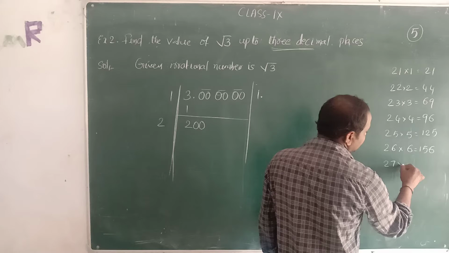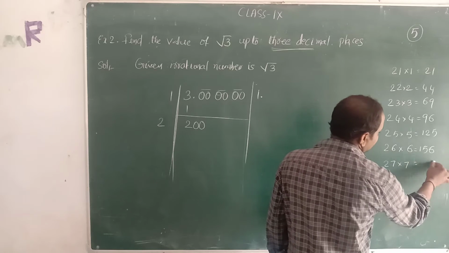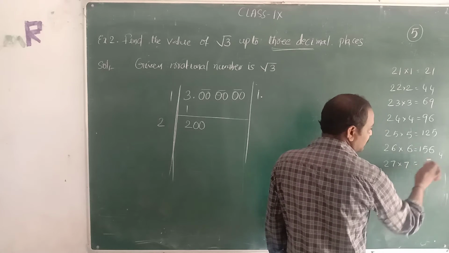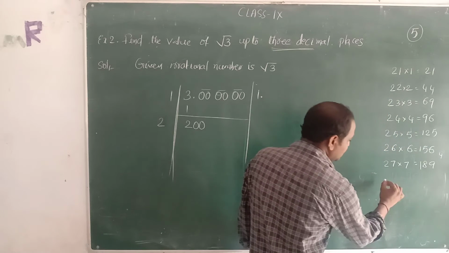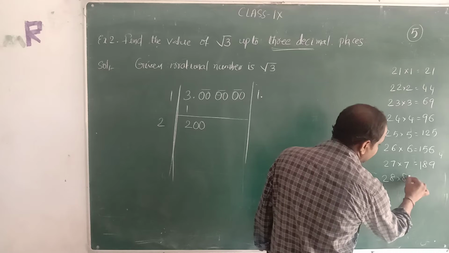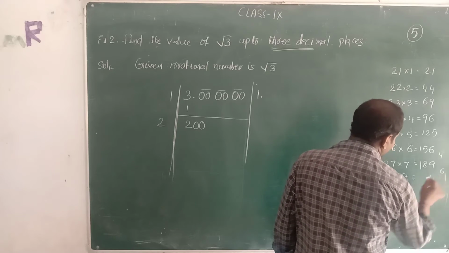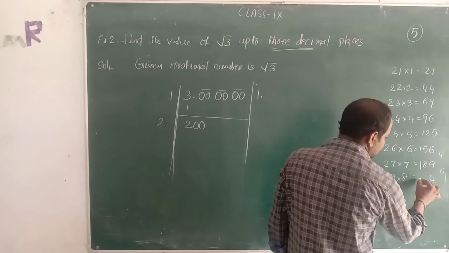So 27 sevens: 7 sevens are 49, 7 twos are 14 plus 4 is 18, so 189. So 28 eights: 8 eights are 64, 8 twos are 16 plus 6 is 22.